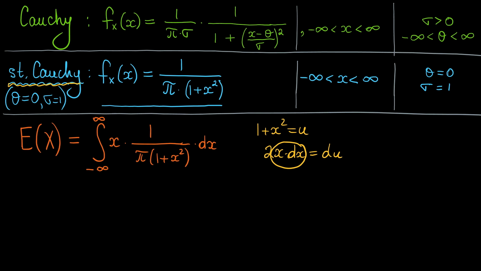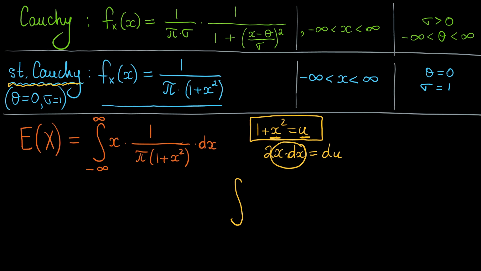However, this mapping of 1 plus x squared to u is not 1 to 1. So notice for the limits of integration in terms of u, as x goes to negative infinity, u goes to positive infinity. And then as x goes to positive infinity, u again goes to positive infinity.